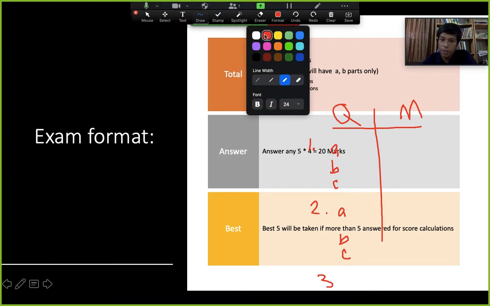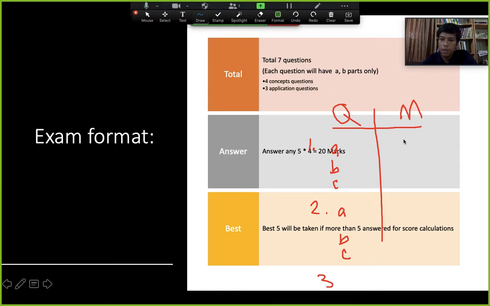But for the midterm, questions will be like question number 1 A, B, question number 2 A, B, then again question number 3 will start. So this is the difference between quiz and midterm. There will be no C part for the midterm.